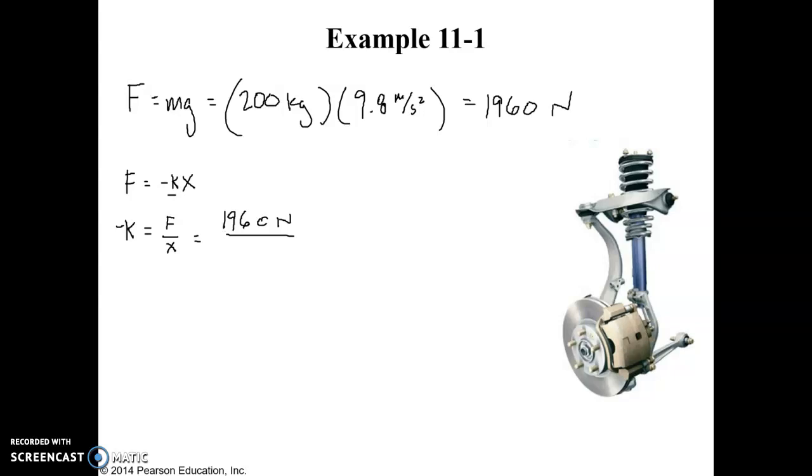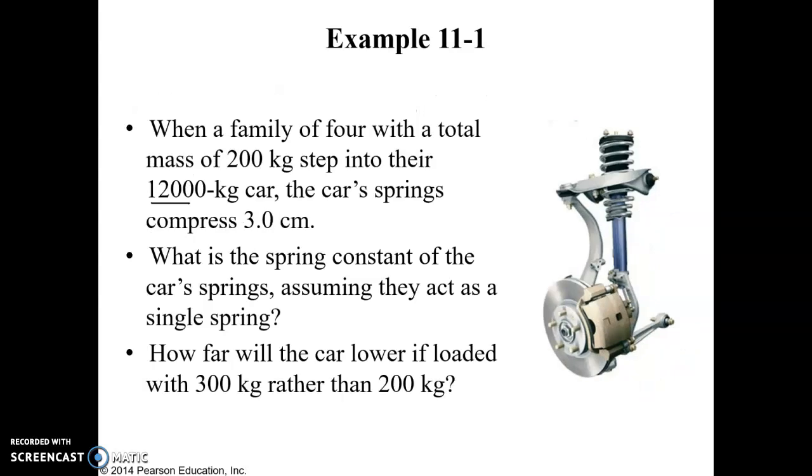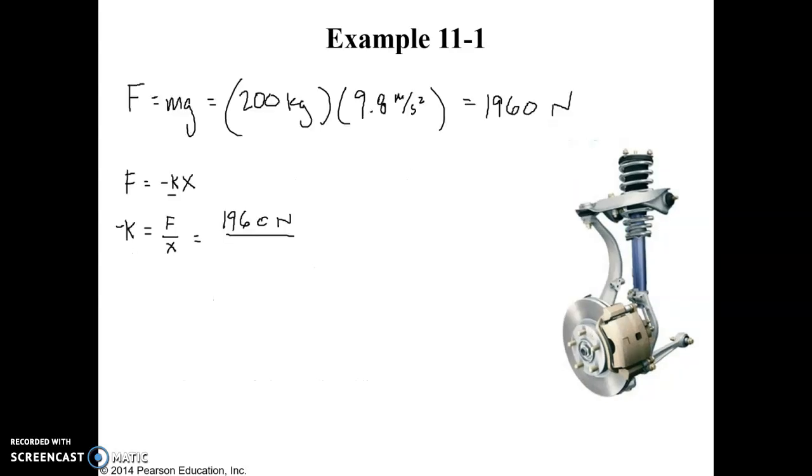If I back up here, how much did the spring compress? 3 centimeters. Let me write this down: 3.0 centimeters is equal to, move that decimal place 2 places, 0.03 meters.